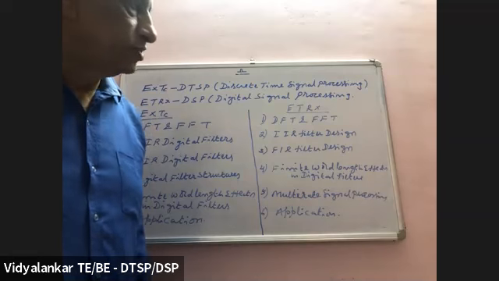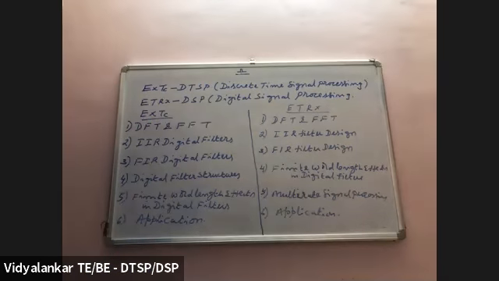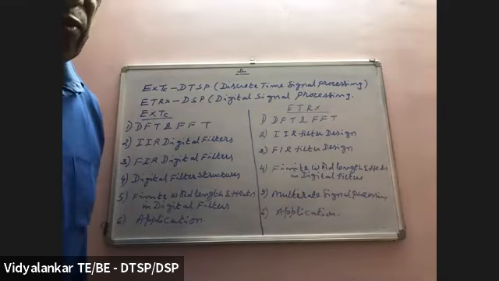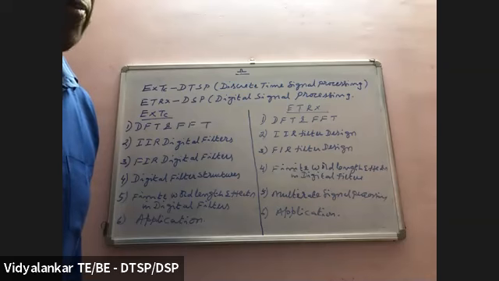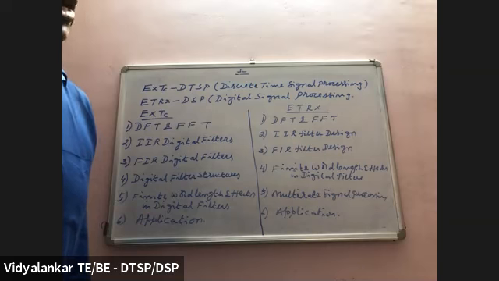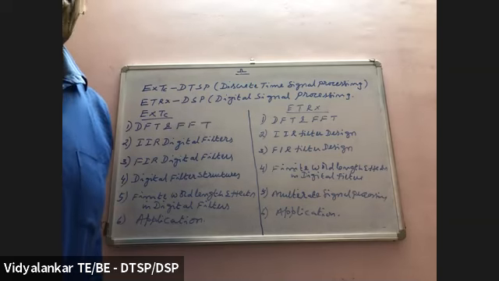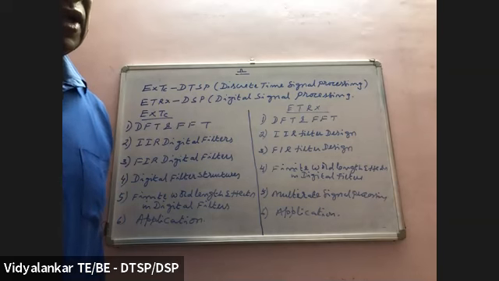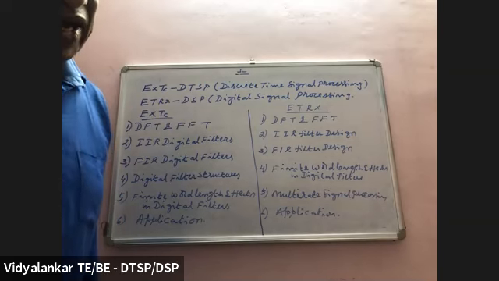Sir, the books. Digital Signal Processing by Proakis; you can easily find it on the net. All these books I mentioned are available on the internet. Then Digital Signal Processing by Rawat.